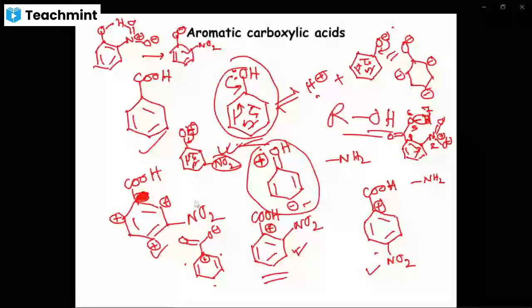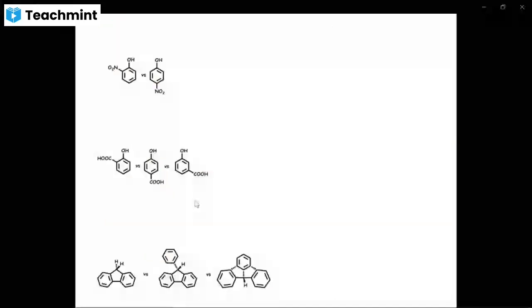Now we will look into some more interesting examples. So first one is this one which we just discussed, the effect of the hydrogen bonding, this one versus this one, and you have seen that para is more acidic than ortho, right?